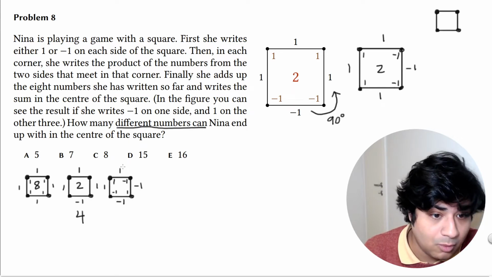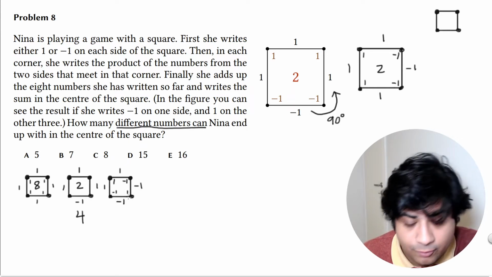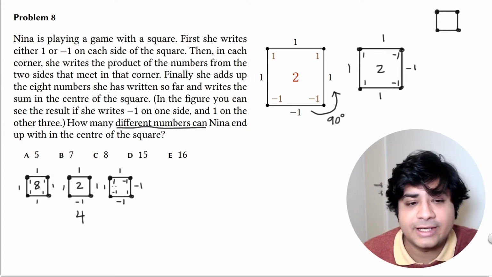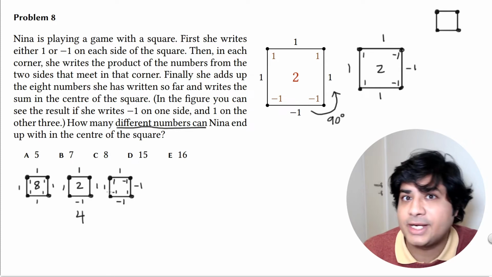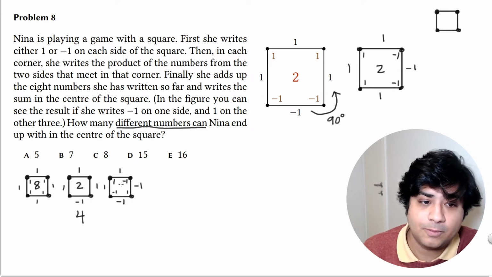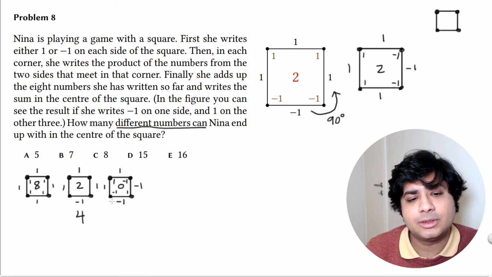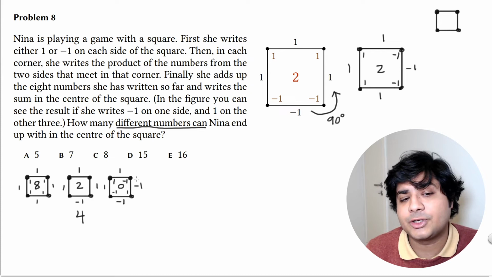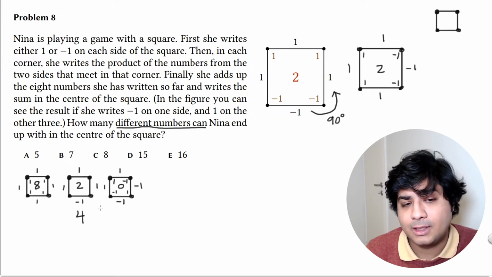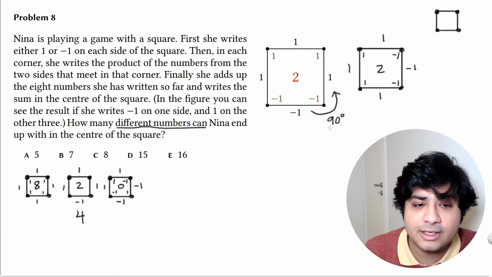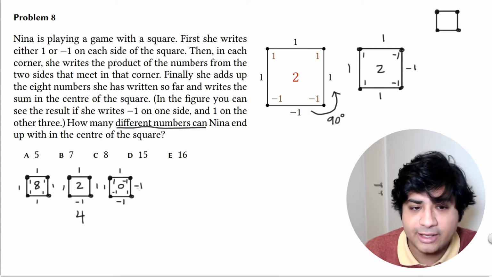You got a 1, 2, 3, 4, and you got four -1s. That's going to be 4 minus 4. That's 0. Now let's think about how many different figures are going to go in here. Well, this is one of them. You can rotate that 90 degrees, and then you would have a -1 here and a -1 here.